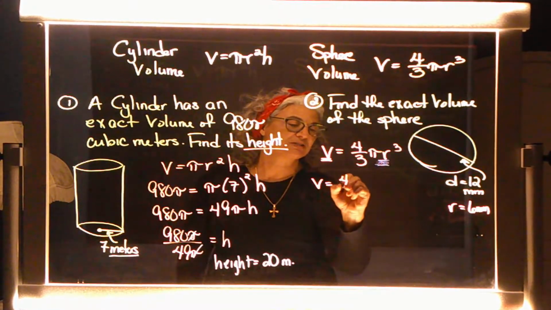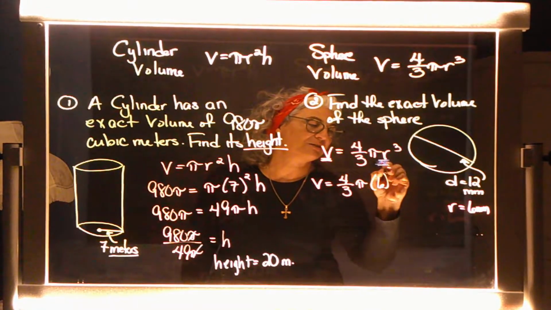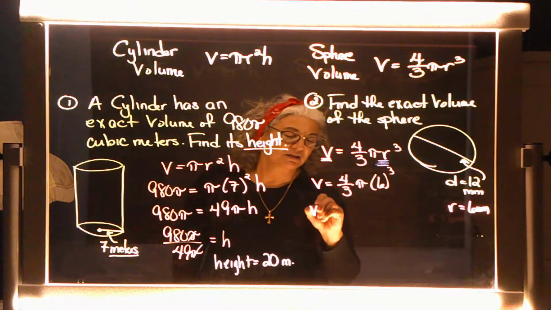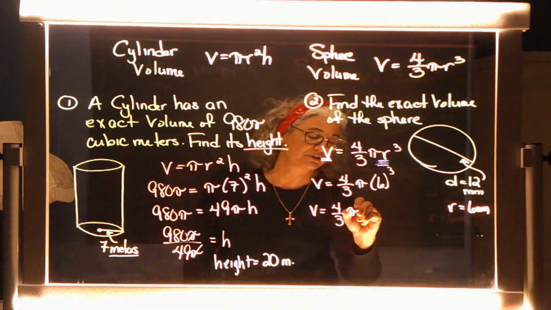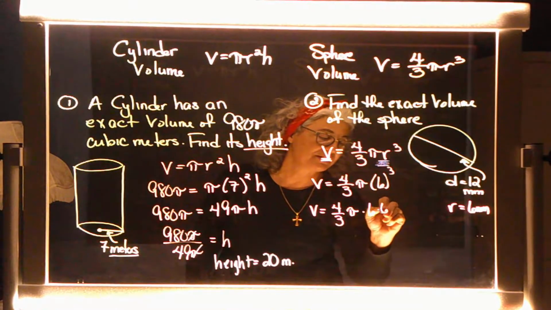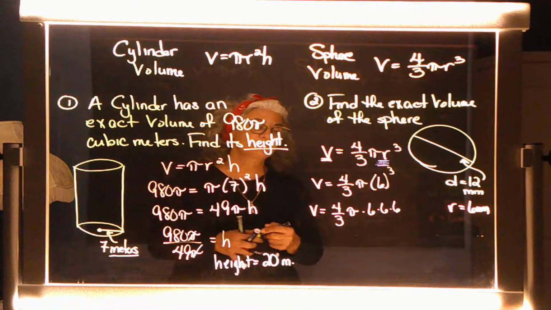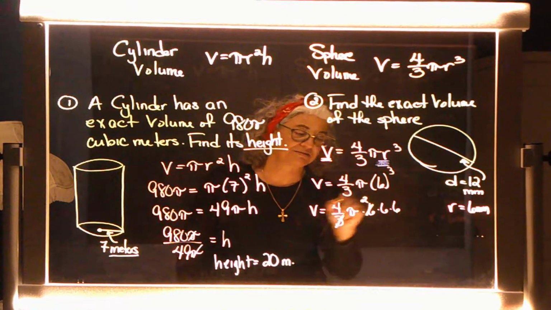So my volume is 4/3 times pi times 6 to the power of 3, right? Okay, so I don't have a calculator handy. I know some of you guys have your calculator handy. So me personally, I am just going to work it out longhand since I don't have my calculator. I'm going to reduce that 3 and that 6.